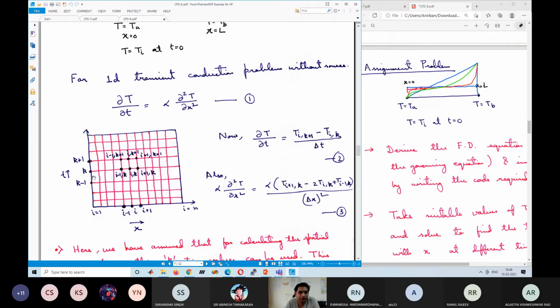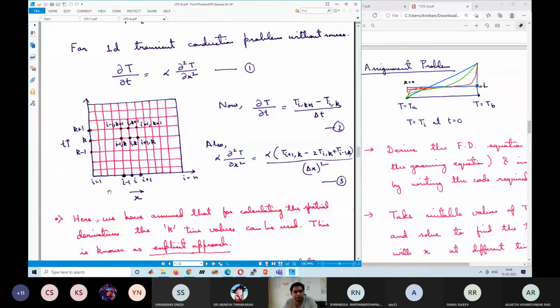Now let us consider the domain. In the x direction, let us divide the domain into n number of parts. It is up to you in the code to decide what will be the value of n. You can take n as a variable so that n can be varied, so the user can give n equal to 10, n equal to 20 like this. But say there are n number of points, not n number of divisions, n number of points.